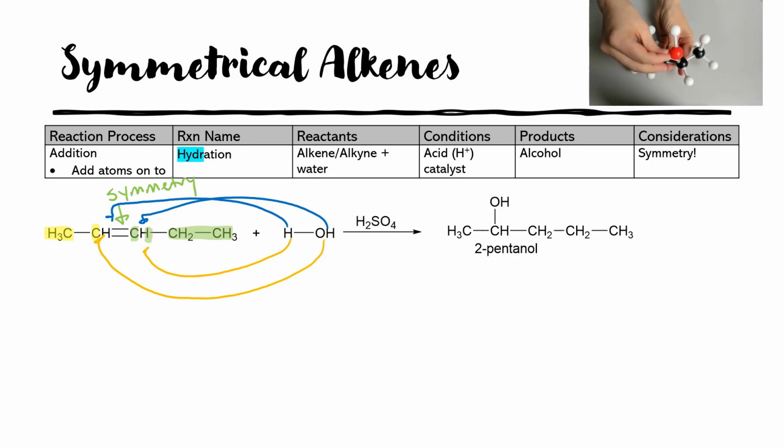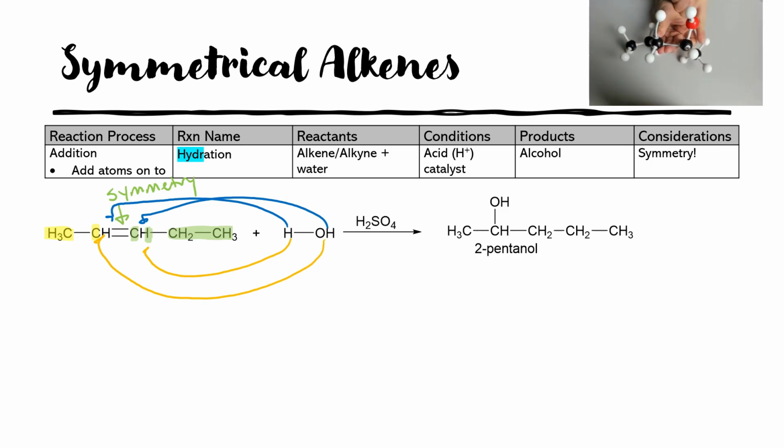So when water interacts, it's going to open up that bond. Now we do need to use a strong acid because that strong acid helps to move protons or hydrogens around. Essentially, the hydroxyl group, that OH, is going to attach to one carbon and the hydrogen to the other.